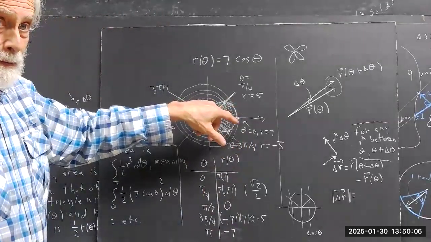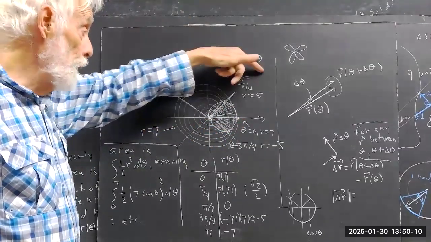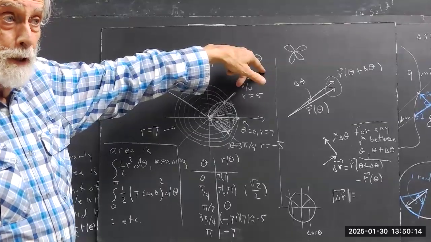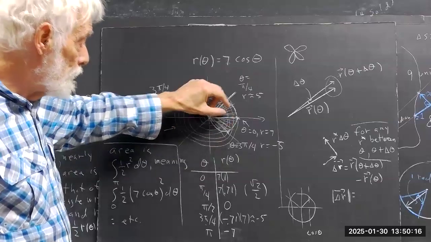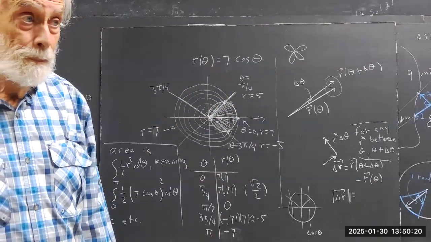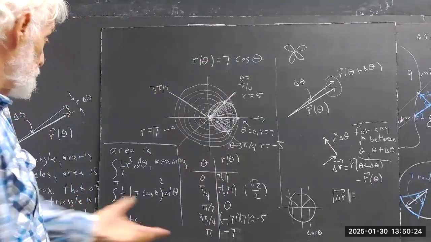In other words, partition your thetas. Like I said, partition your thetas, then you get something very close to the isosceles triangle. You add them up and you get the area, and that's all an integral does.